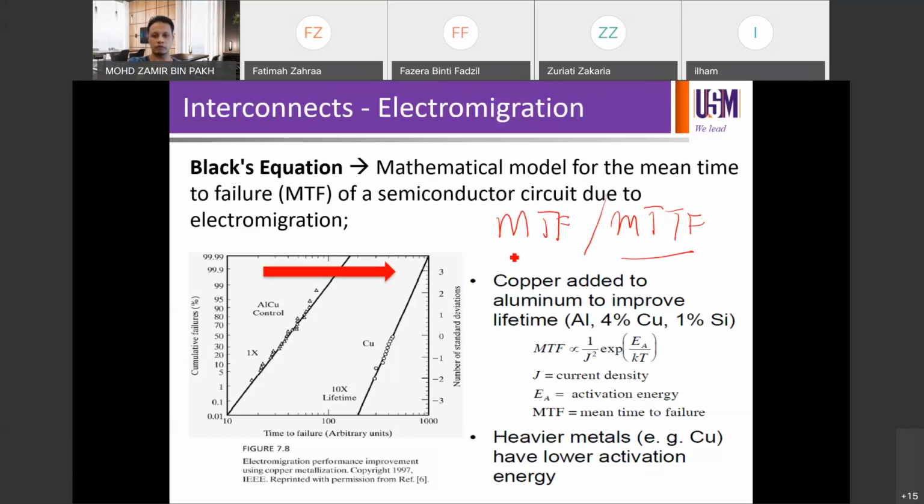Mean time to failure. So if you join a fab, you're going to encounter this word, but not only for electromigration, it's also applied for equipment uptime. If you're an equipment engineer in particular, then you're going to need to monitor many metrics, including mean time to failure.